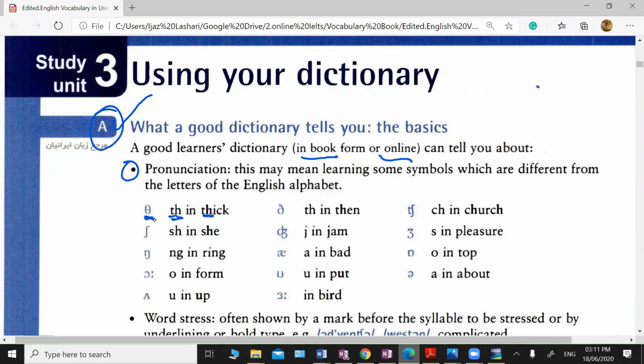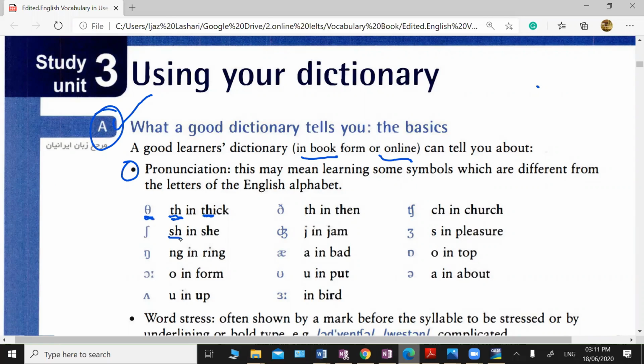So here is the symbol. This tells me the sound of TH, how we pronounce it. There might be TH coming at another place, but that will be pronounced in a different way, and the symbol will be different. And if you go down, there is SH.